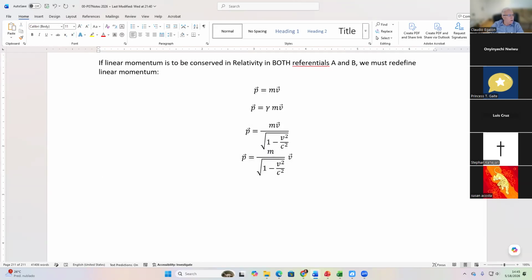This term in boldface is also referred to as the relativistic mass.